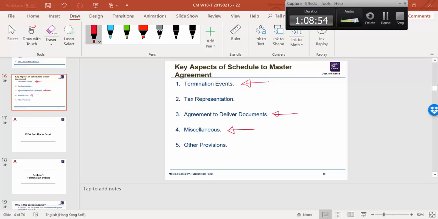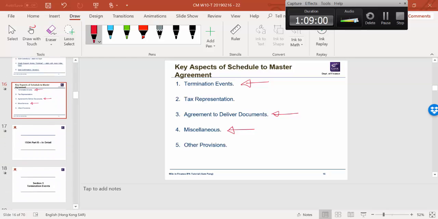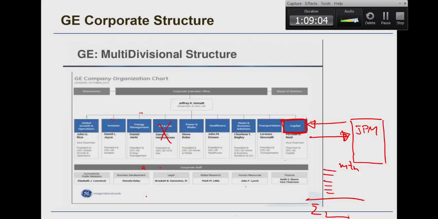Now, the termination events will solve that problem that I just described. What problem? The problem that you are dealing with GE Capital and there is a fire somewhere else in another room, and then these guys are telling you, look, it's none of your business, we are dealing with it, and you are getting so nervous.